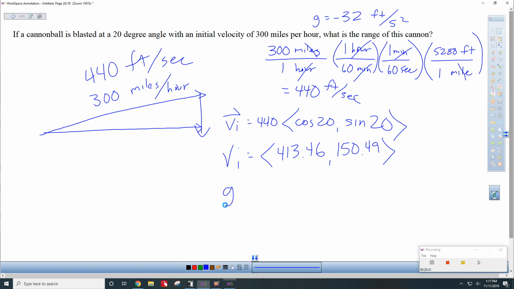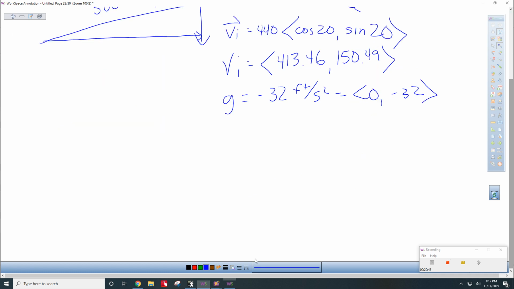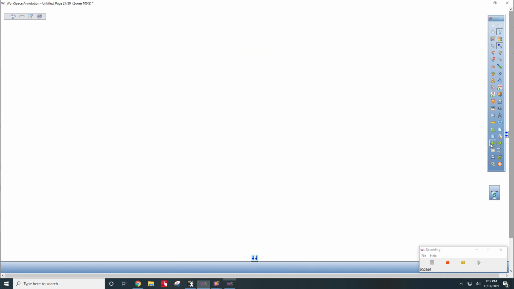Our gravity vector is negative 32 feet per second squared, which is 0, comma negative 32. All right, and in this case we are going to use our position function, R final. Let's go back to the last slide.